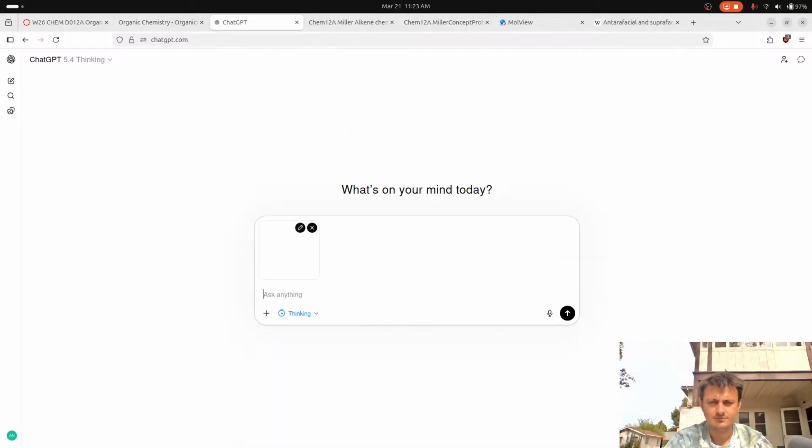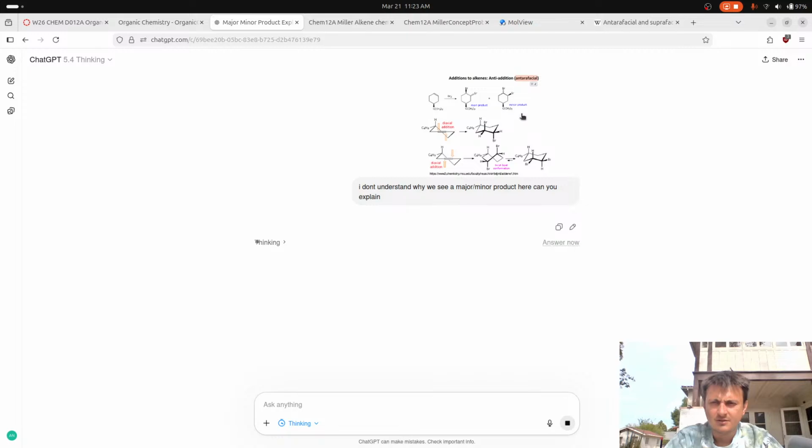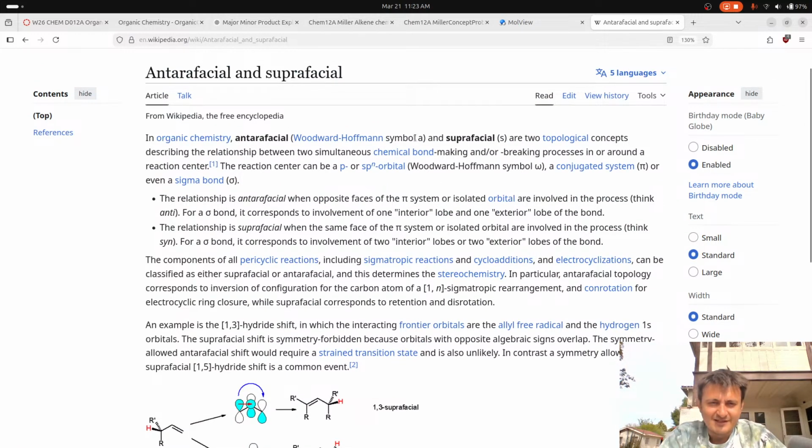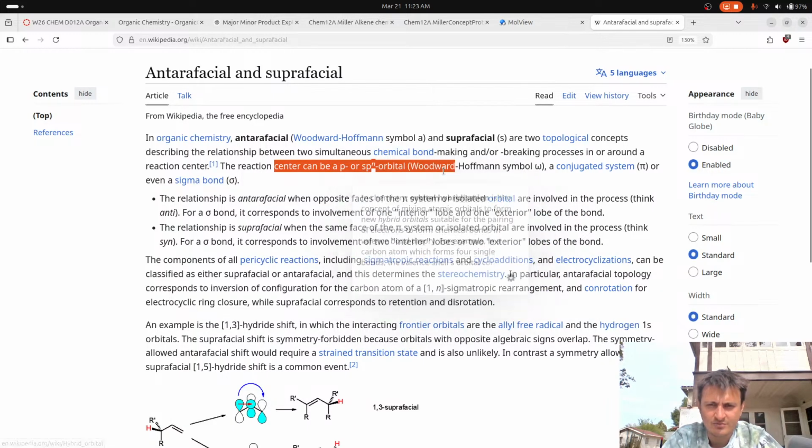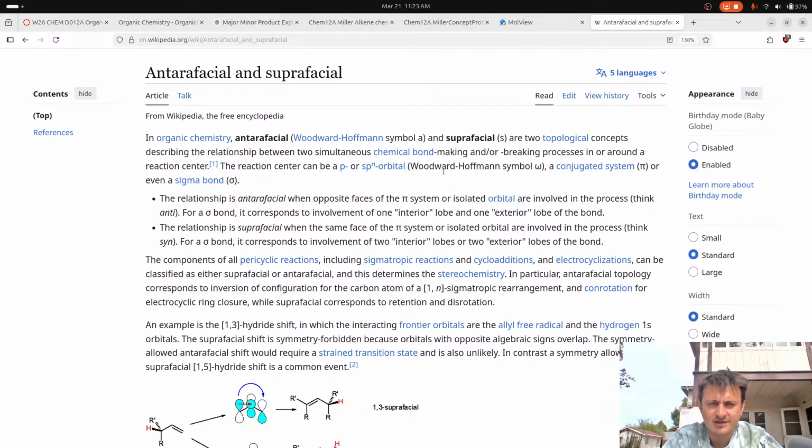Actually, I want a new one. Let's try to read this, but this is like crazy. Antarafacial and suprafacial are two topological concepts describing the relationship between two simultaneous chemical bond making and or breaking processes in or around a reaction center. The reaction center can be a p or spn orbital, a conjugated system, pi, or even a sigma bond.